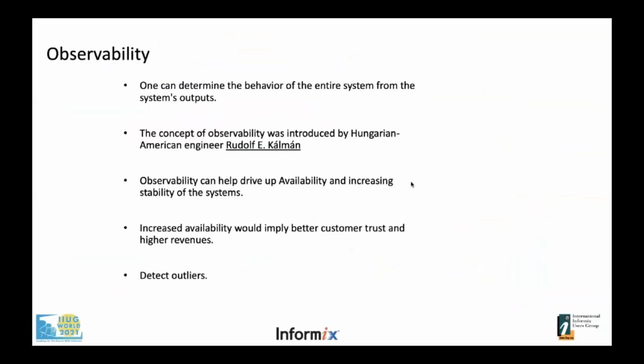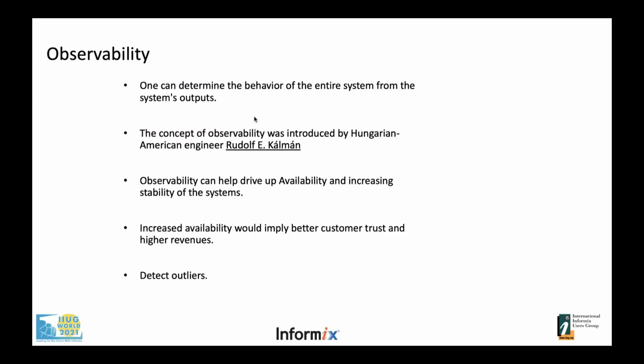Let me start with the importance of observability. Observability helps give us an insight into our database systems, or any system that we implemented, and it helps us to see the patterns or outliers and then take actions accordingly.